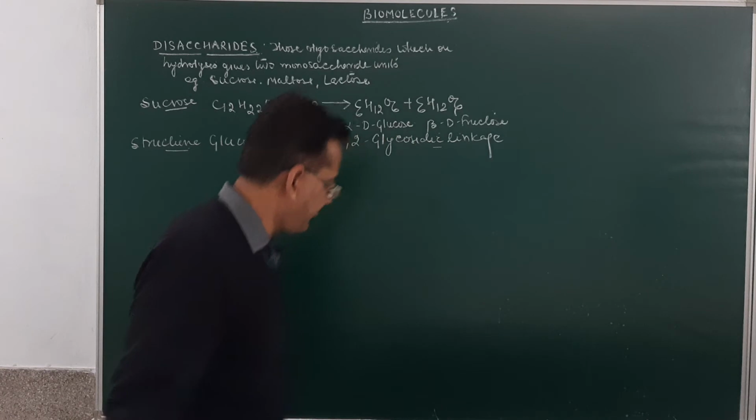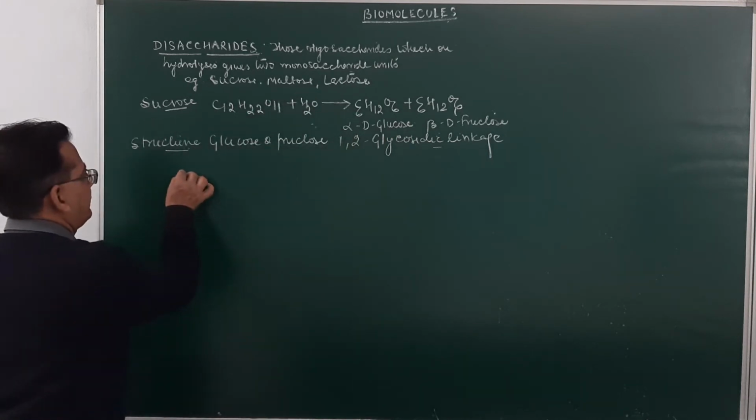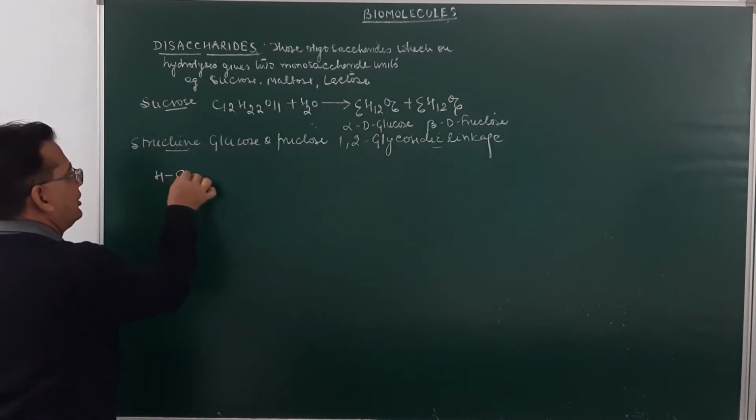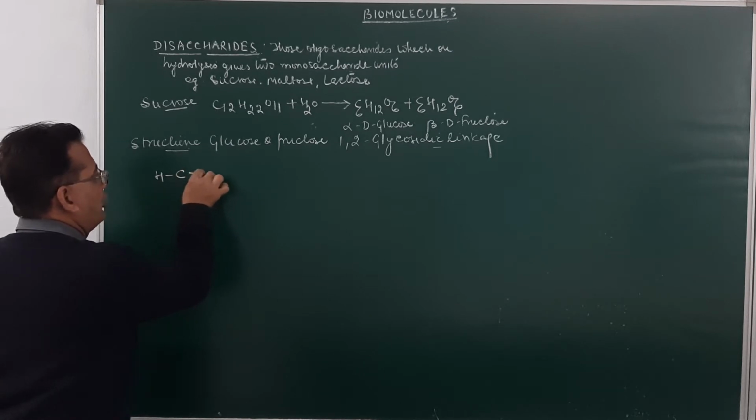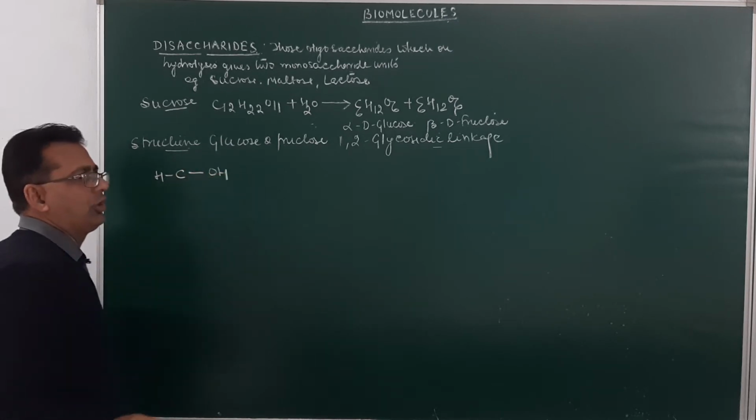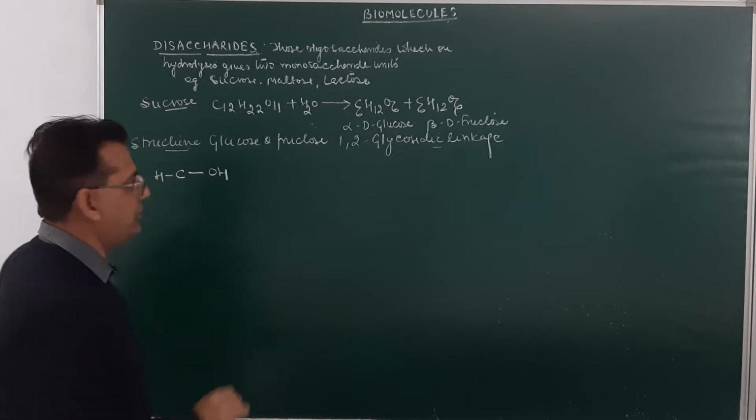Just see the structure. If I make the structure of glucose, this will be C, H, and if the OH group is toward the right side, which form of glucose is it called? The alpha form of glucose.